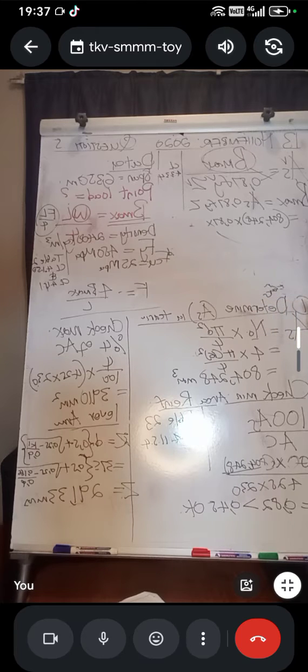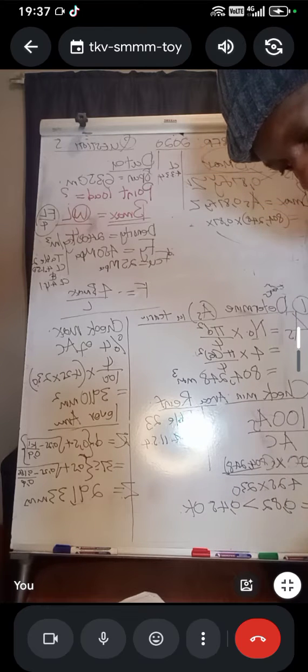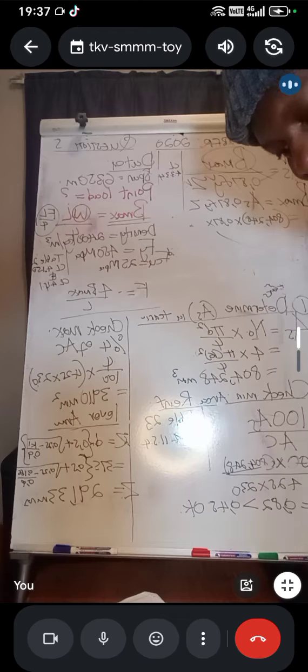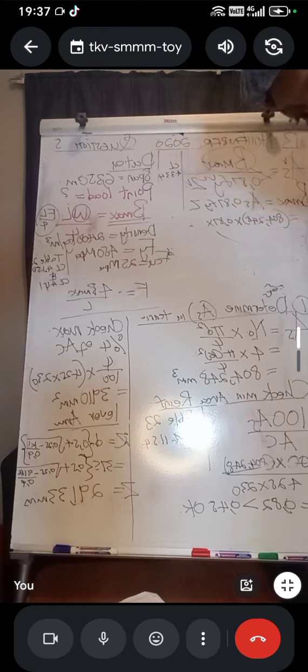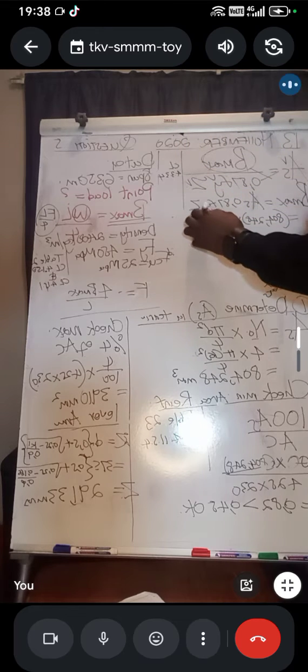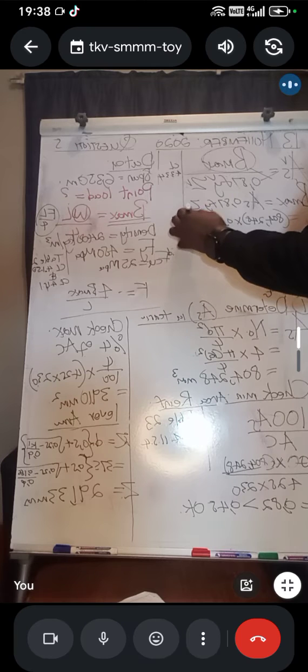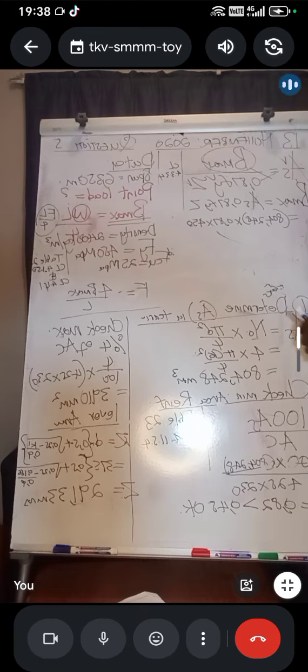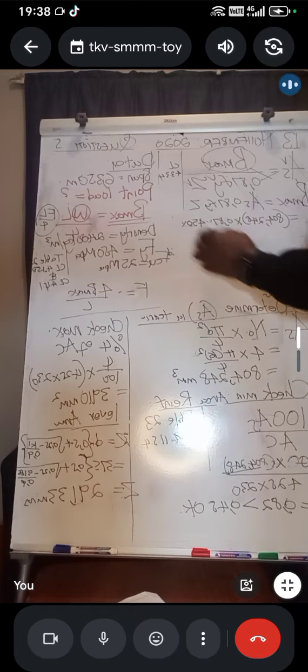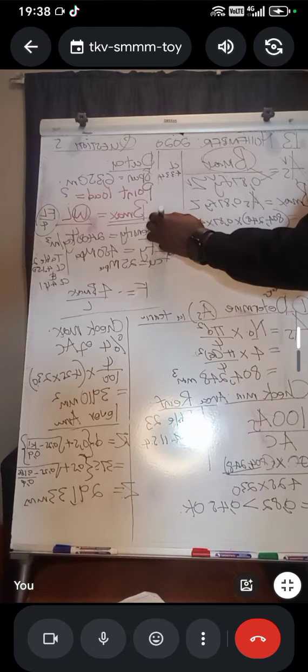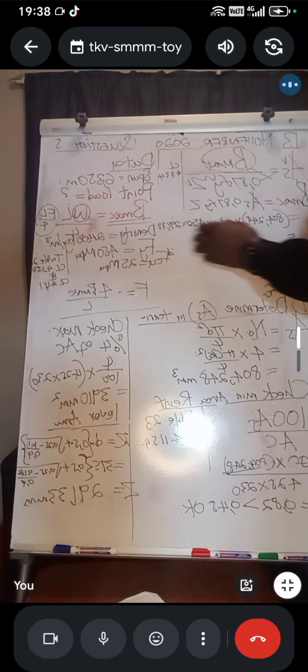No, it's 450 because it's high yield. The question said the beam is reinforced with high yield tensile steel reinforcement, so it's 450. And then what is our z? It's 291.337. When you punch that in, what is the answer?